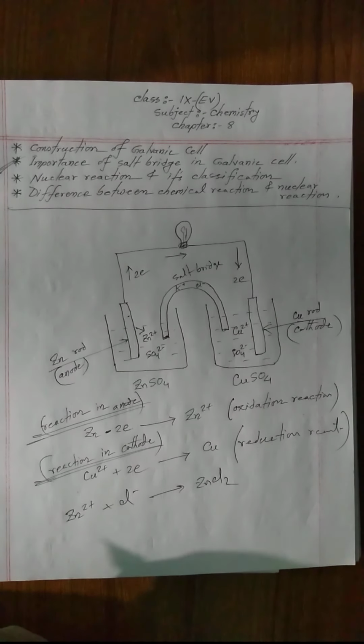Ultimately the increased zinc ion is neutralized or balanced by chloride ion, which comes from the salt bridge.